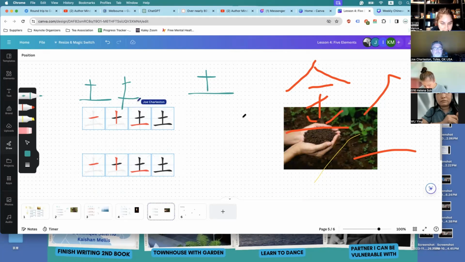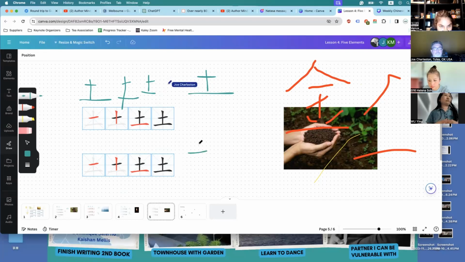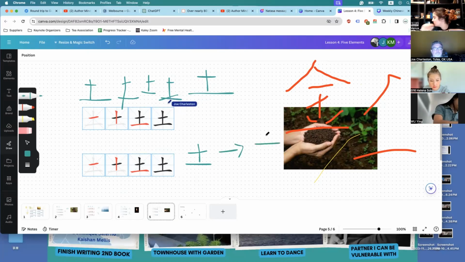It also means soil, especially if you are growing a pot plant, and that will be the thing that you put into the pot to grow a tree. So that is why 土生木 means the earth is a good element to enhance wood.